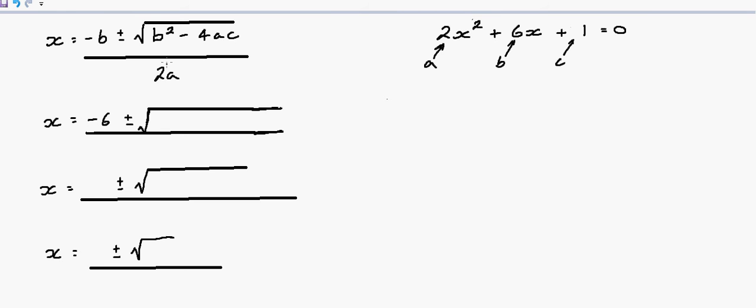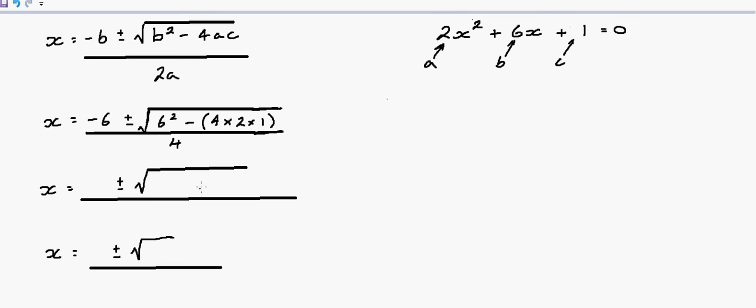And then b squared, so that will be 6 squared, minus 4 times a, which is 2, times c, which is 1, and 2 lots of a. So a is 2, so 2 2s are 4. So all the letters have disappeared.